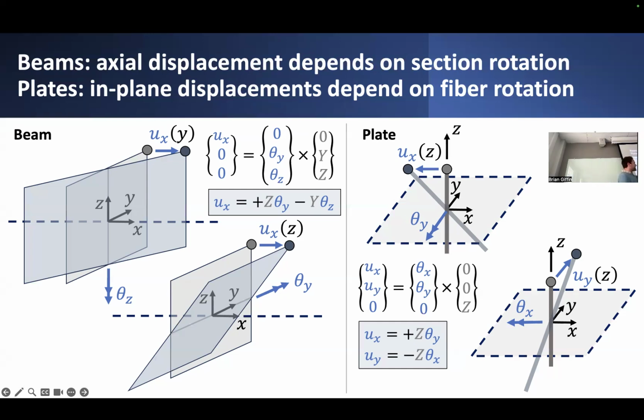Certainly, if I look at the axial displacement right at the neutral fiber location, it doesn't matter how I rotate this cross-section; points right at the neutral fiber axis are not going to displace axially at all. It really depends on how far away I am from the neutral axis and what position I have on this cross-section, which determines where this point is going to go. Is it going to displace this way?